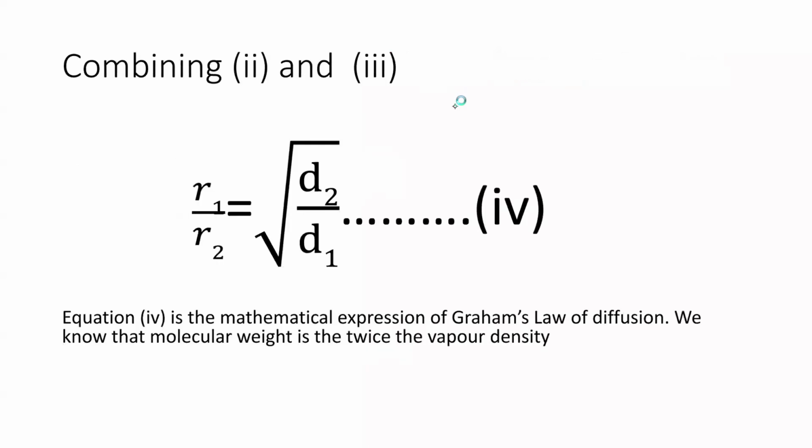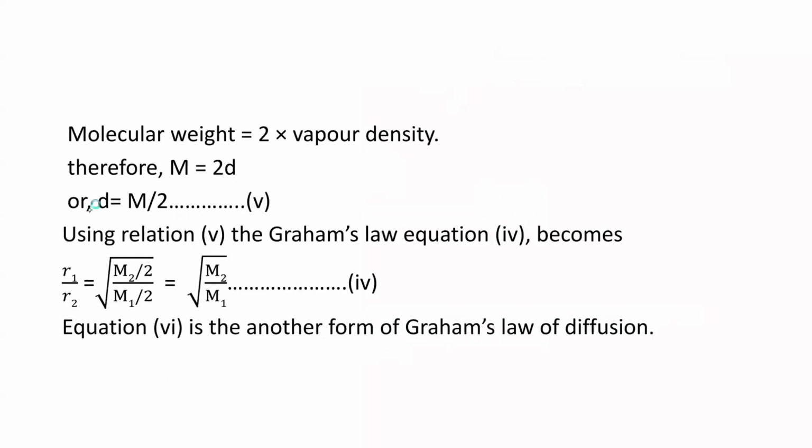So by combining both equations 2 and 3, we have the rate of diffusion of gas 1 divided by the rate of diffusion of gas 2 equal to the square root of density 2 divided by the square root of density 1.